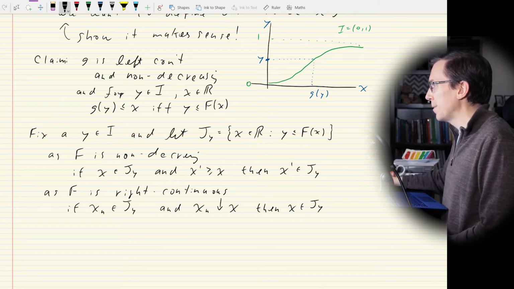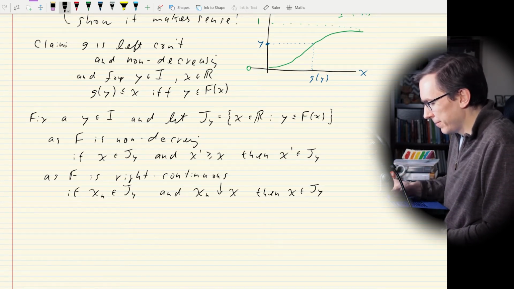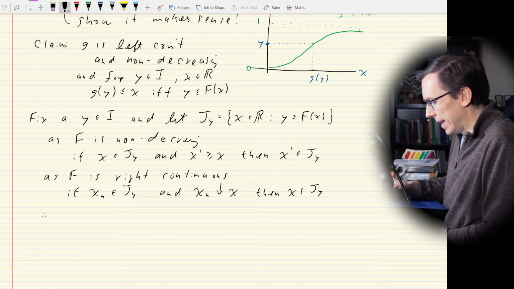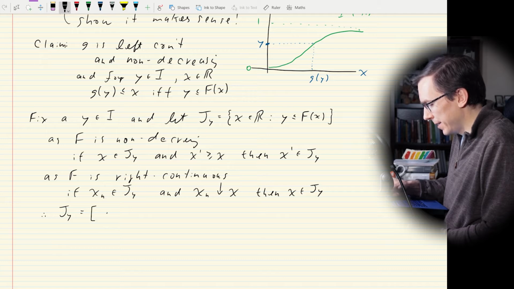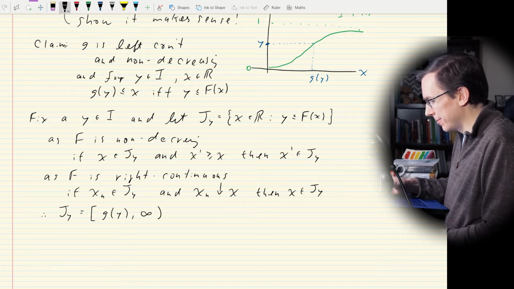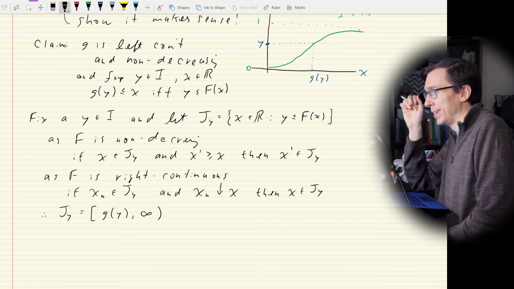Cool, so we have that type of closure. Therefore, we have that J_y is going to be of the form closed bracket g(y) to infinity open bracket. So it's a half-closed interval.